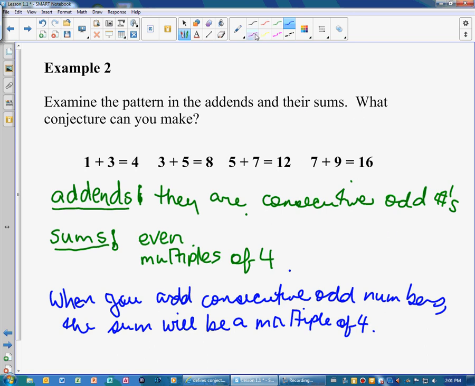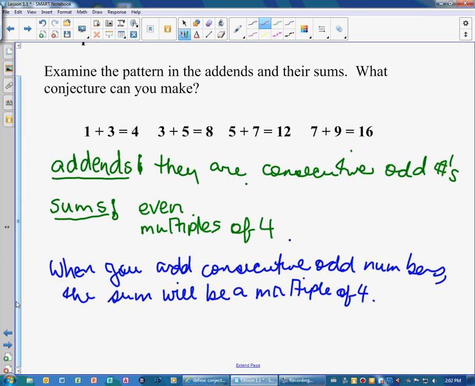Okay? So, is there an example that would support my conjecture? Let's come up with a few random consecutive odd numbers. What if I added 101 and 103? Okay, 101 and 103 are consecutive odd numbers.